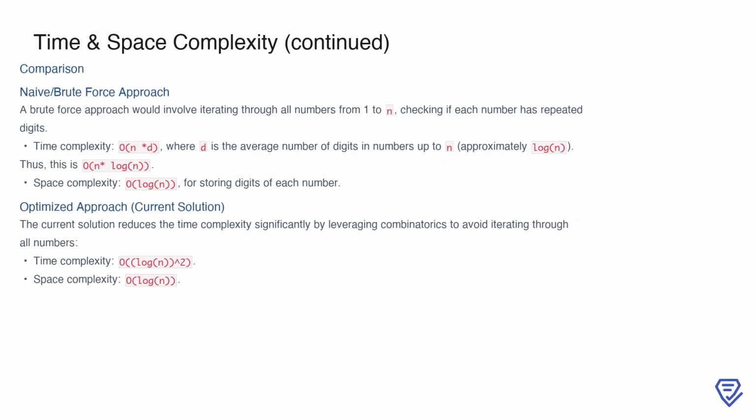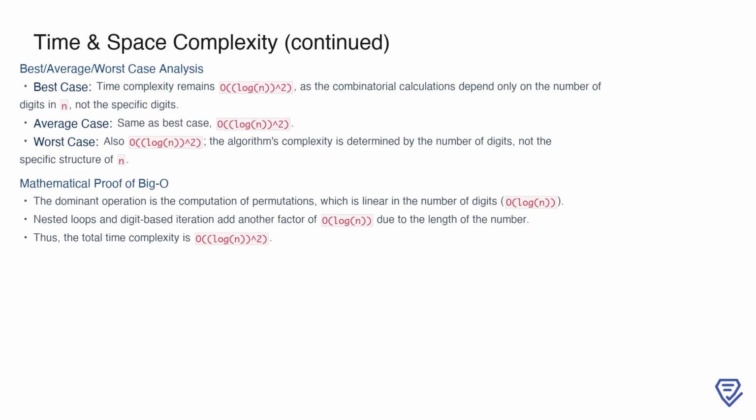In contrast, the optimized approach we've discussed avoids iterating through all numbers and instead leverages combinatorial calculations. This reduces the time complexity to O(log n)^2, while maintaining the same space complexity of O(log n). Finally, we can analyze the best, average, and worst-case scenarios for this solution. In all cases, the time complexity remains O(log n)^2.